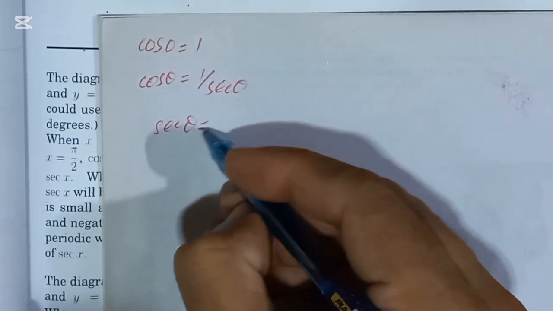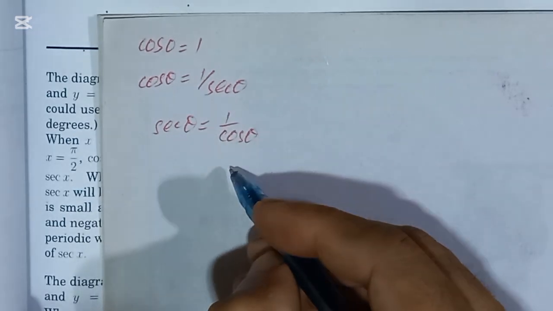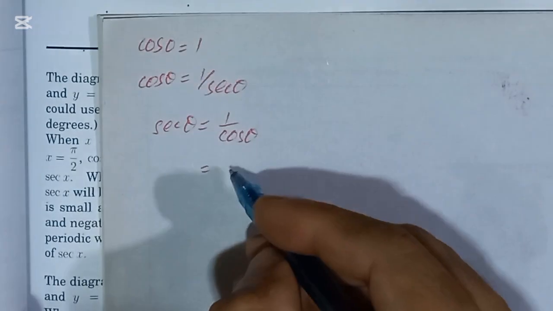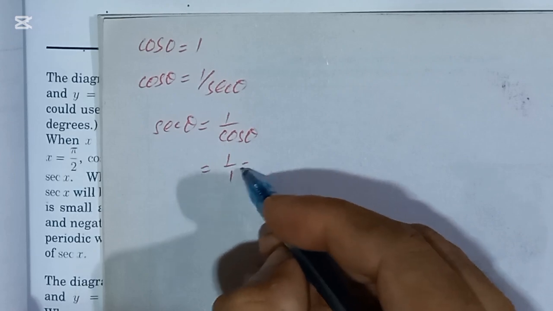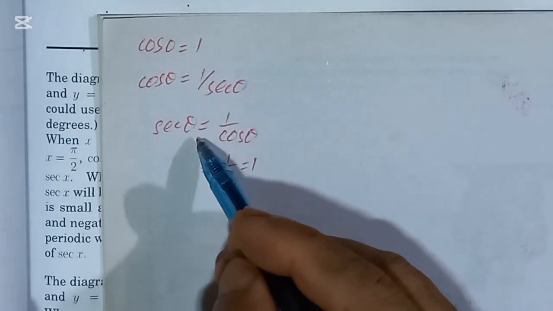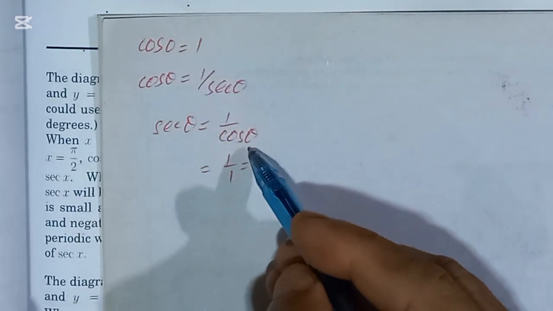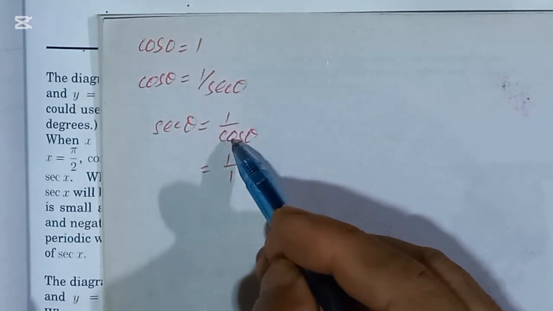Secant theta becomes 1 over cos theta, so because cos 0 is 1, we get 1 over 1. So if cos 0 is 1, then secant 0 will also be 1, putting the value of cos 0 over here. So 1 over 1 will be 1.